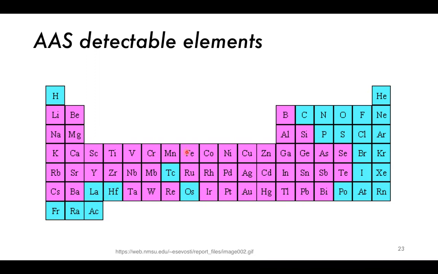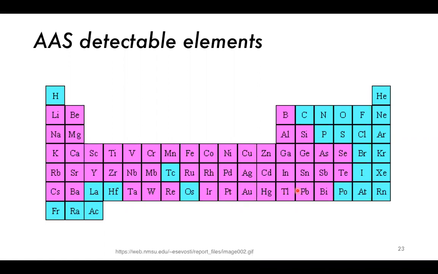But typical environmental pollutants like iron, copper, platinum, palladium, lead over here are common pollutants that need to be kept on top of, measured, and cataloged, so that we don't end up with poisoned or polluted natural resources. You can see that the vast majority of the periodic table is accessible to us whenever we're making our AAS measurements.